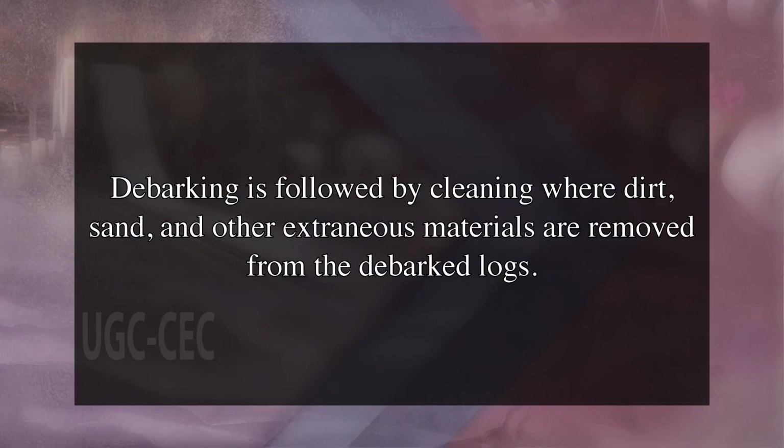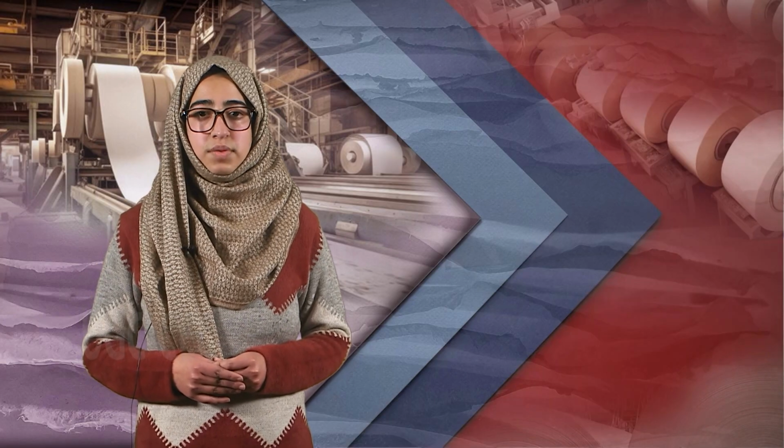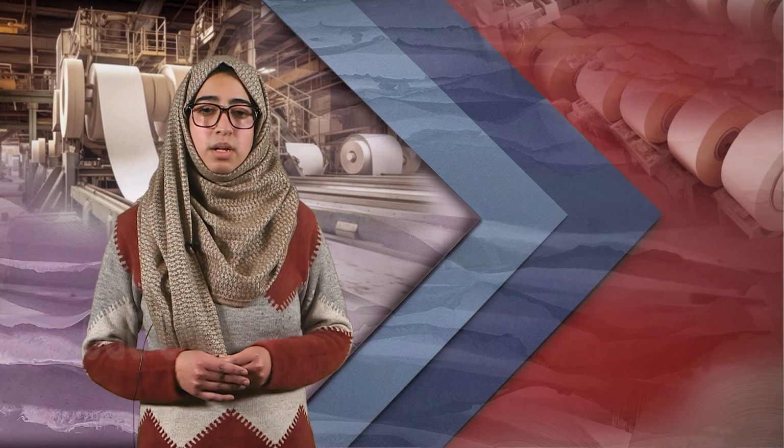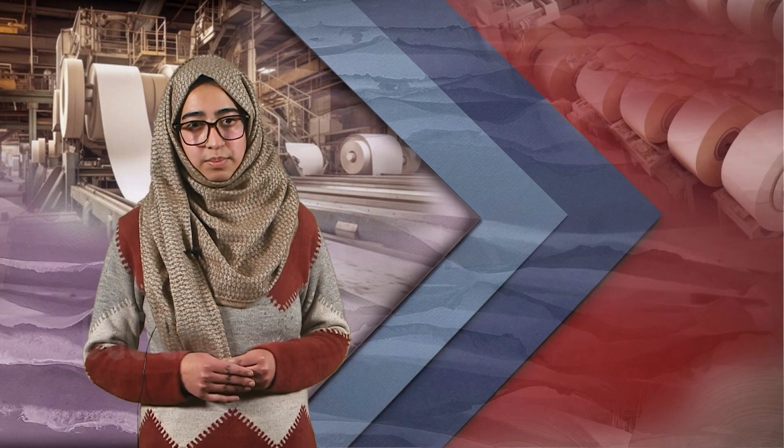Debarking is followed by cleaning, where dirt, sand, and other extraneous materials are removed from the debarked logs. This enhances the efficiency of subsequent stages and prevents contamination of the pulp. The cleaned wood chips are then screened to eliminate undesirable elements further. This process ensures that only suitable wood materials progress to the next stages of paper making.